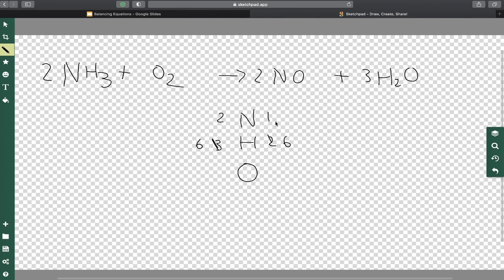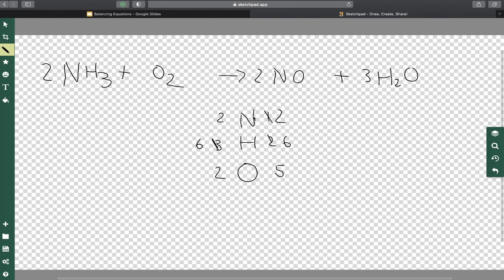If we do that, we cancel this out, and we put 2 here, which means that this 2 also goes to that oxygen. So now there's 2 O's on the product side. There's 2 O's on the reactant side, from this O2, and then there are 5 from the product side, because 2 times O, which is 2, and then 3 times O, so 2 plus 3 gives us 5.